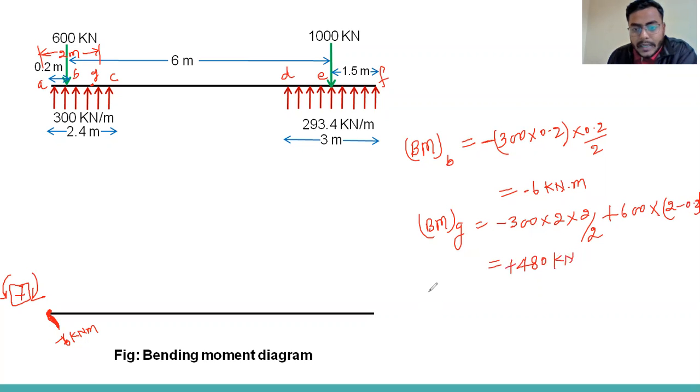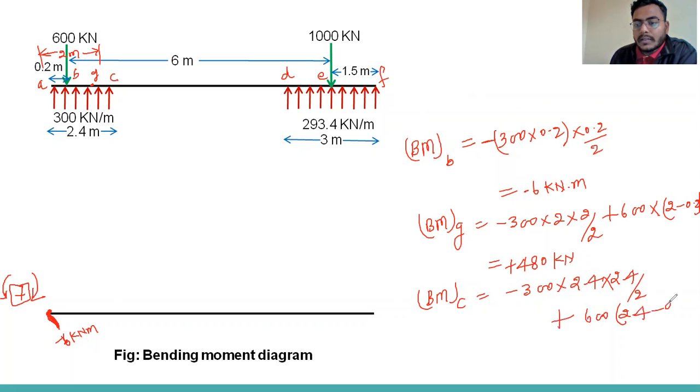Now we can calculate the bending moment at a point C. So that will be minus 300 into 2, no, not 2, sorry. 300 into, what is the distance? 2.4. 2.4 into 2.4 divided by 2 plus 600 into 2.4 minus 0.2.